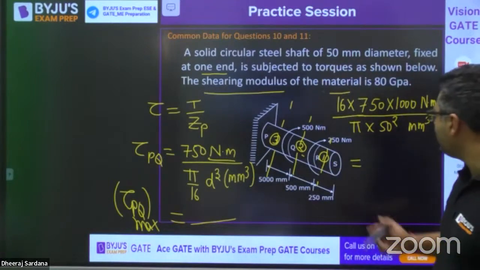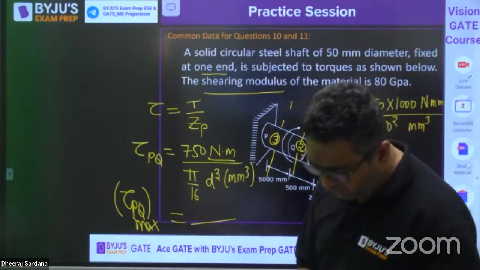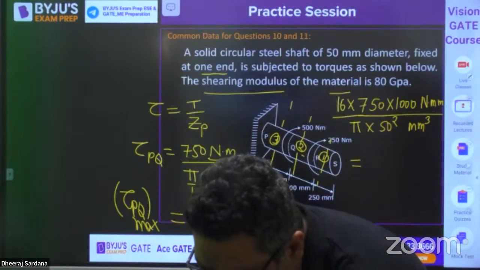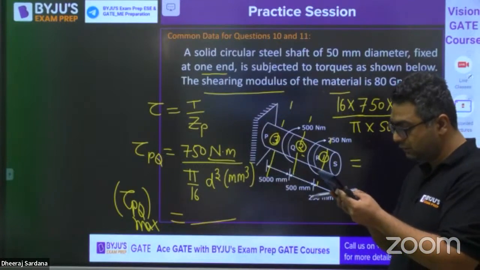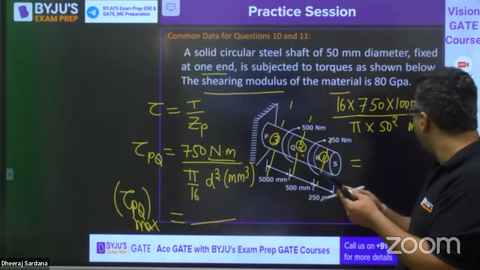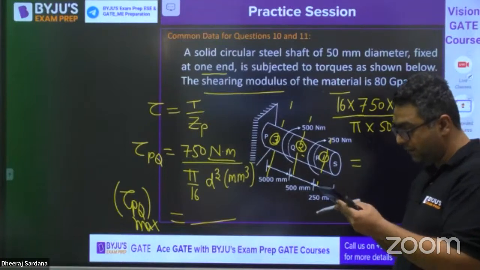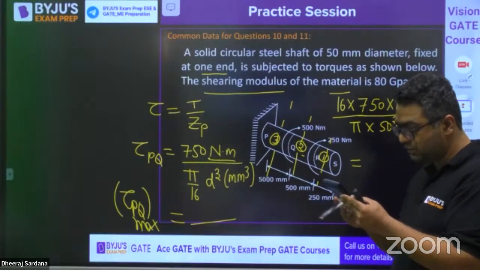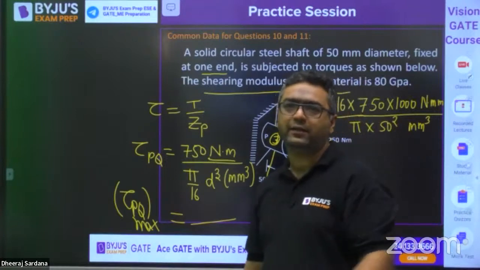Tell me, this is very simple. 16 into 750 into 1000 divided by pi into 50 ka square. If I do it in front of you now, I can do it in a minute very easily. I don't know why you are taking so much time. Are you getting 1527.88?